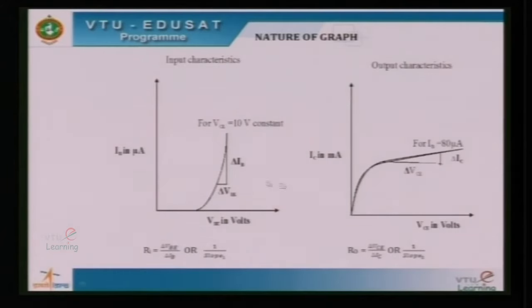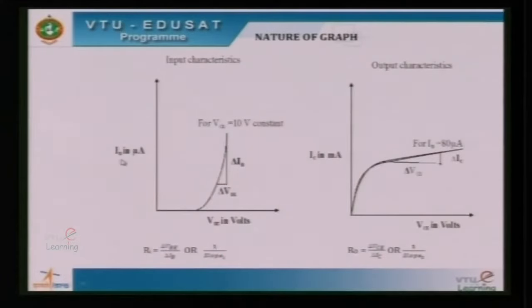Now, the graphs are plotted for input characteristics IB versus VBE, showing normal forward biased characteristics of a diode. Hence, the transistor input circuit behaves as ordinary diode.